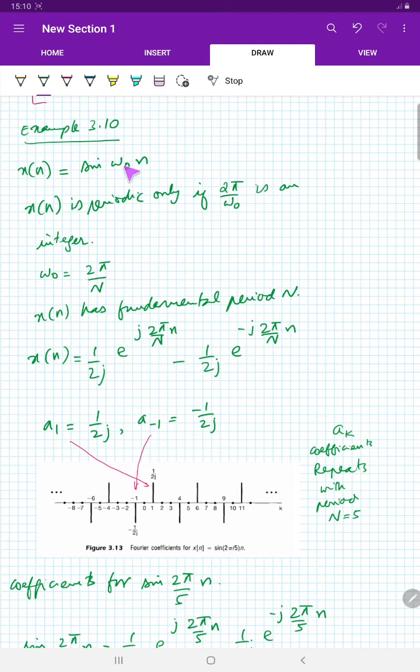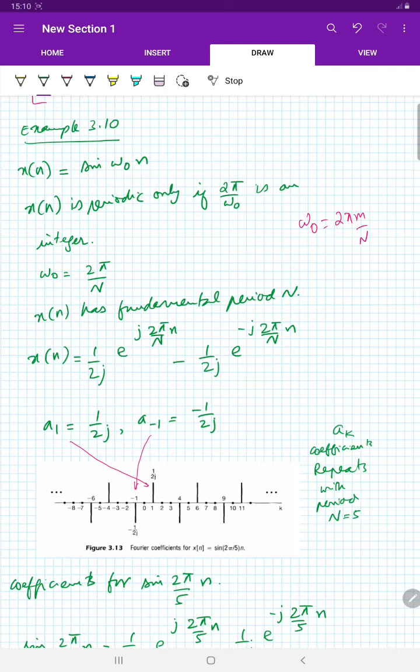So I said that omega naught must be a fractional multiple of 2 pi. Omega naught is actually equal to 2 pi times m by N. Here in this case the only difference is that your m is equal to 1. This should be the condition for a discrete time sinusoid to be periodic.